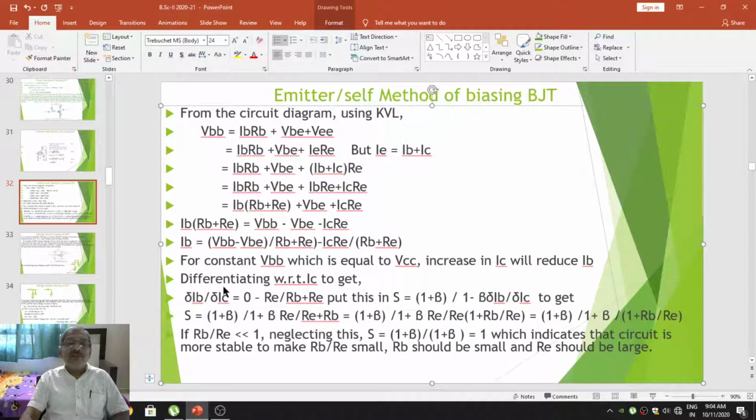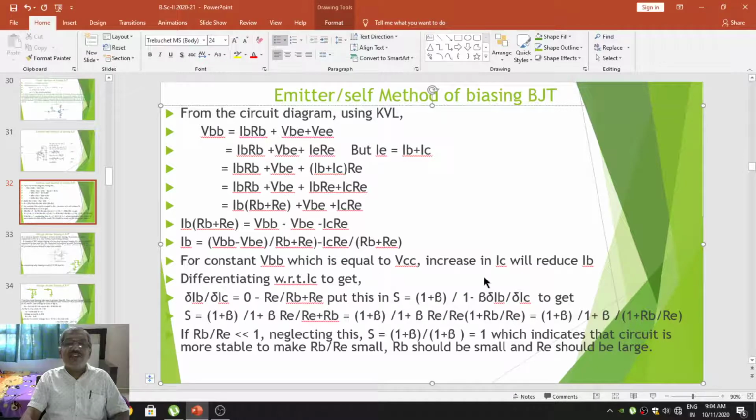That is delta I_B upon delta I_C equal to minus R_E upon R_B plus R_E. Put this value in the stability factor equation, that is given by 1 plus beta upon 1 minus beta into delta I_B upon delta I_C. Means we are replacing delta I_B upon delta I_C with minus R_E upon R_B plus R_E.